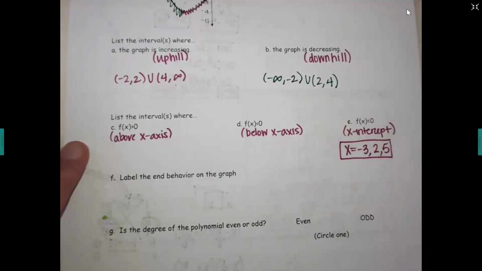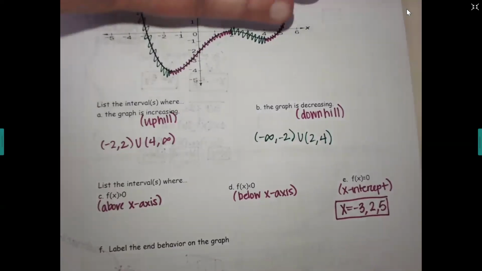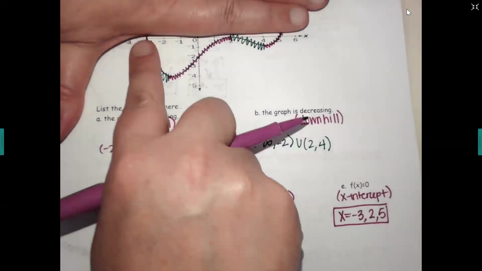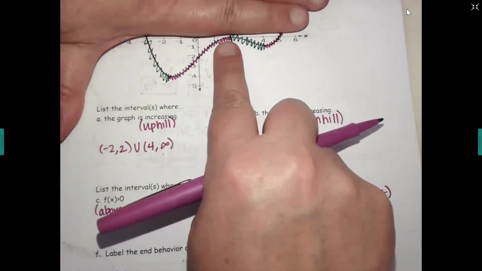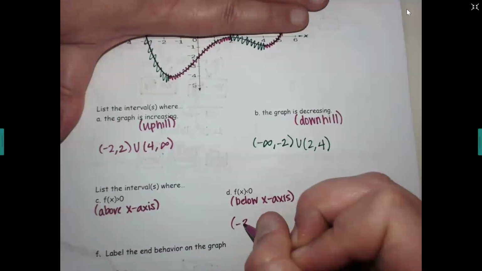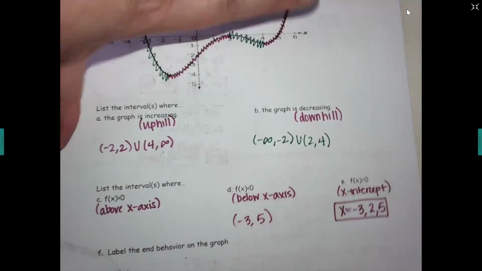When does the graph start being below the x-axis? What x value? Yeah, -3. Let me try to hide what's above it. So it'd be from -3, then it kind of touches, but it stays below until when? So it'd be -3 to 5. Okay.